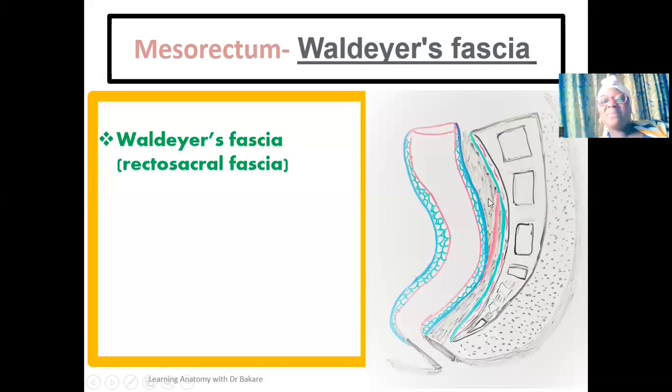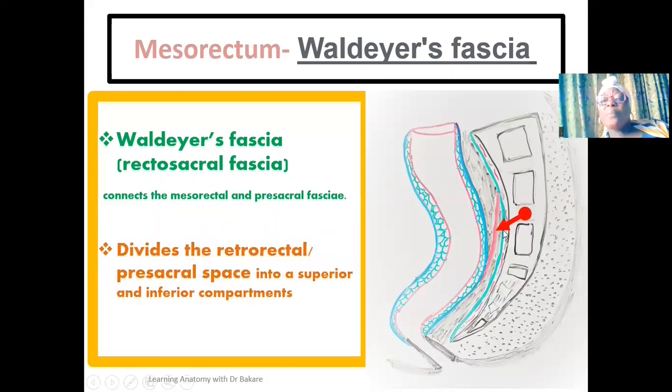Just from the name, it means a fascia that links the mesorectum with the presacral fascia. So you see it's connecting the mesorectum with the presacral fascia. So this is the Waldeyer fascia that is arrowed here in red. And what it does is help to divide the retrorectal space or the presacral space into the superior and the inferior compartments.